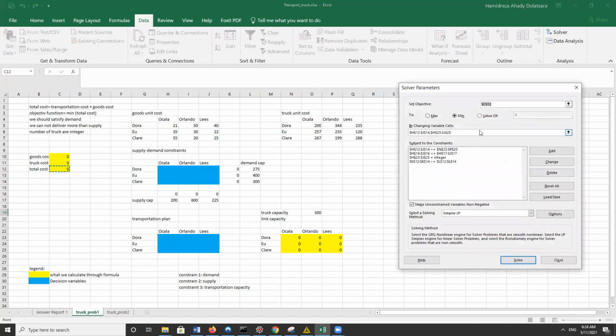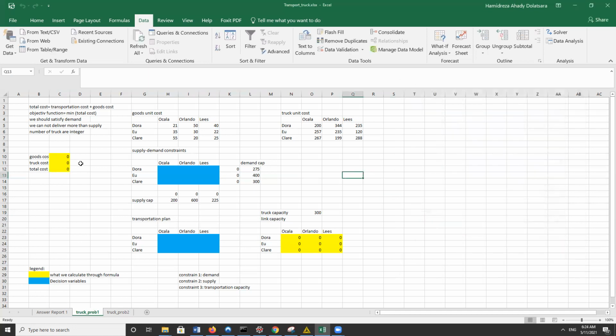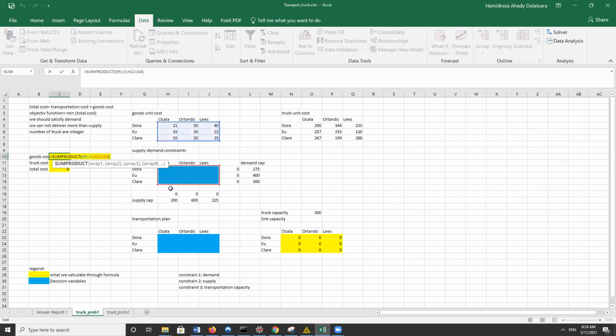Okay, let's open the solver. By the way, I forgot to talk about the objective function. The objective function is minimization. So we have two types of cost. First, goods cost.